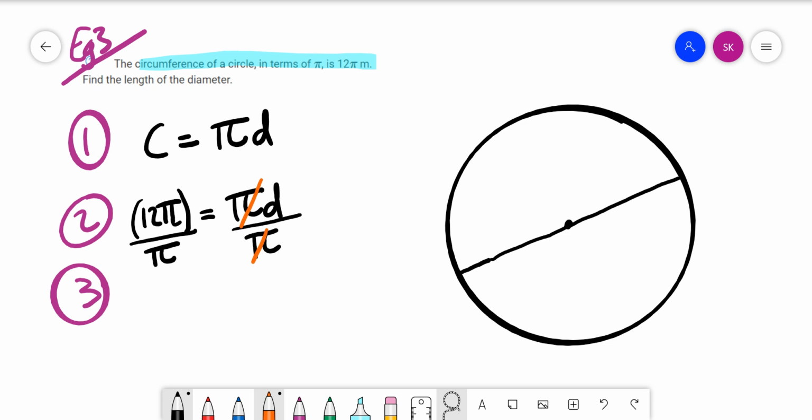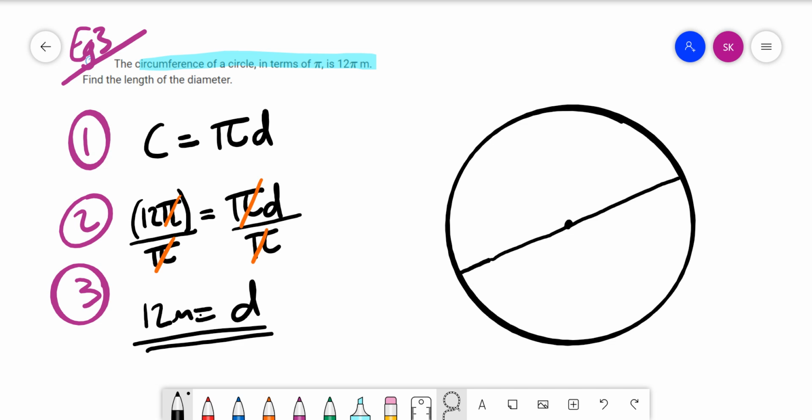And what also happens on the other side is the pi's cancel out. Because 12 pi divided by pi is just 12. For the same reason as pi d divided by pi is just d. And that's my answer. It's done. The length of the diameter is just 12 meters. It is as easy as it seems.